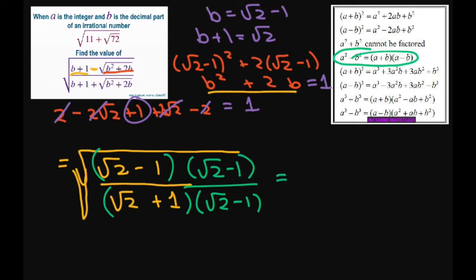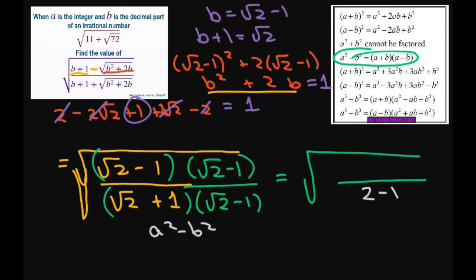The denominator is just going to be a squared minus b squared. So that's just going to be 2 minus 1, which equals 1. The numerator is this form right here. So that's just going to be 2 minus 2 square root of 2 plus 1.